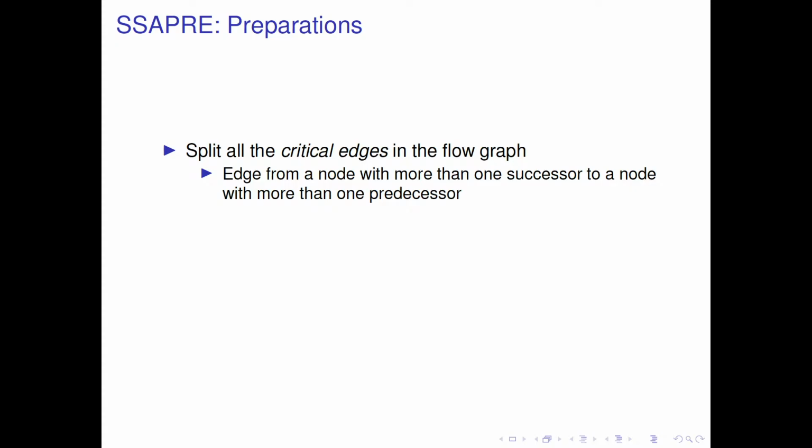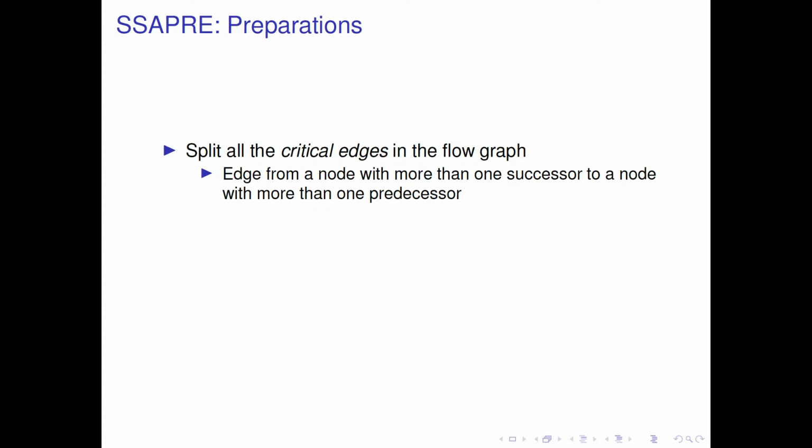This is my critical edge: an edge from a node with more than one successor to a node with more than one predecessor. So this has two successors, 1 and 2, and this has two predecessors, 1 and 2. So I need all these three edges.